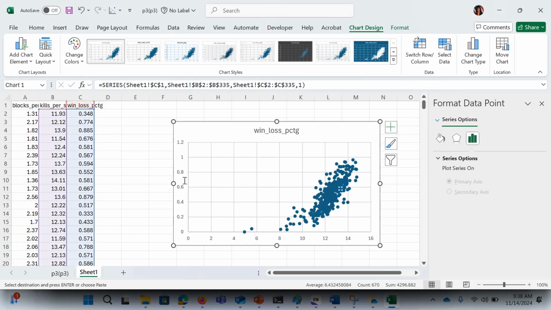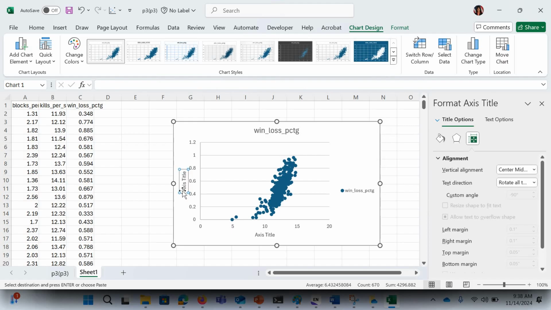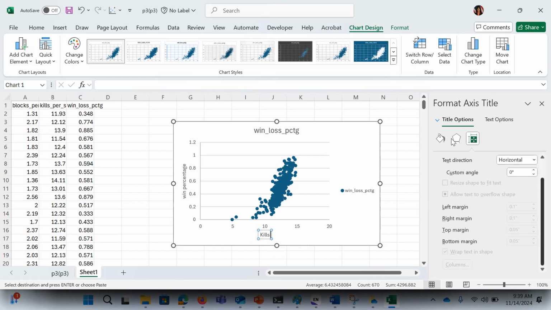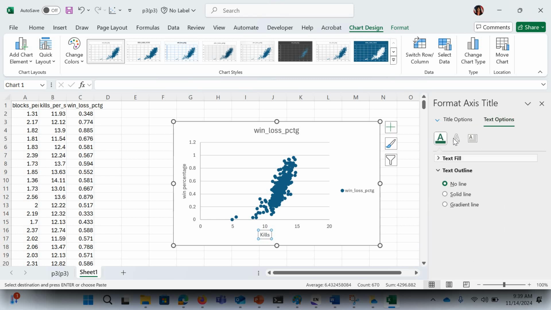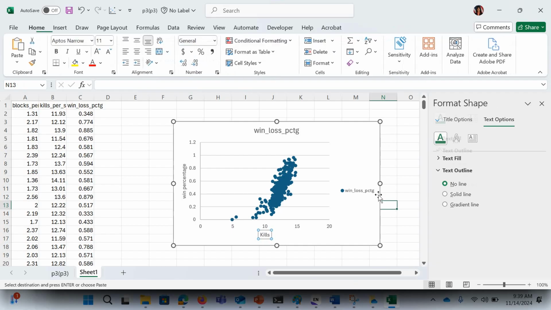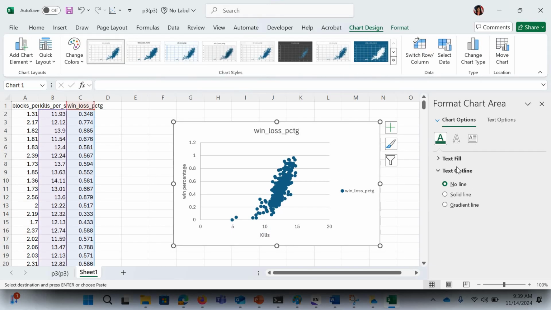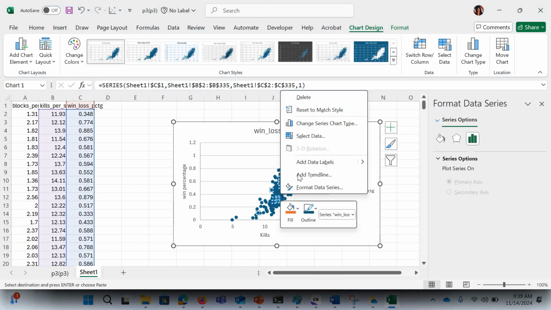Let's do this. This is win percentage on the y-axis. And then over here, this is kills. I'll just put kills for now. And then I want my chart, and put a line through it.